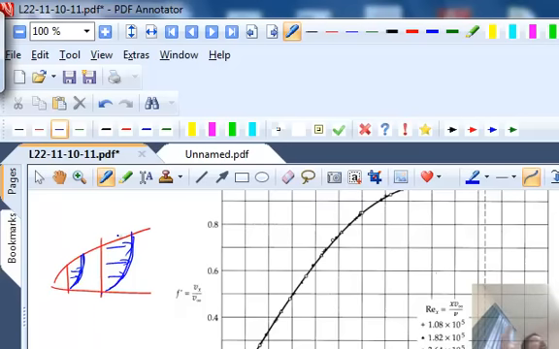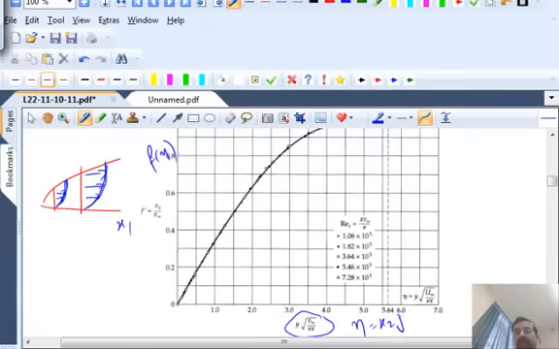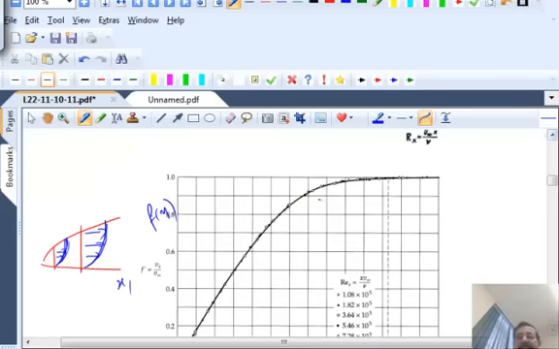That is, all the velocity field at various locations of x1 will collapse into a single curve. And that curve is f as a function of eta, and the x-axis is your eta, which is what we call x2 times the square root of U over nu x1. That single variable collapses all these curves into a single curve. And there you see the data points are from experiments. Solid line is from the Blasius solution.